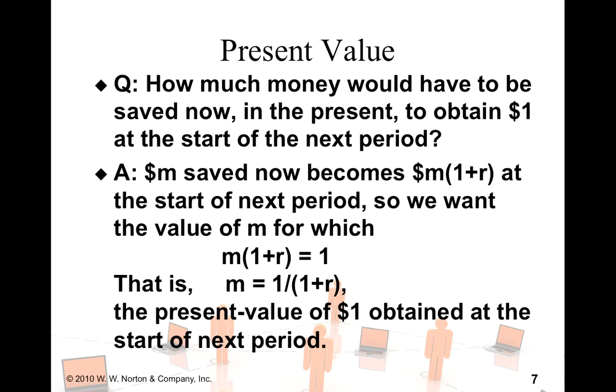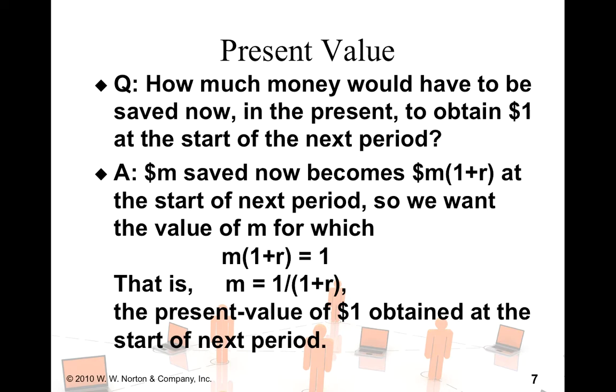There is some amount m that, if I put it in the bank at the rate of 1 plus r, would give me $1 at the end of the one period. Then that m is the maximum price that I would like to pay for a promise of receiving a dollar at the end of the period.